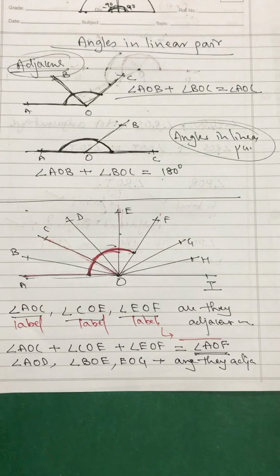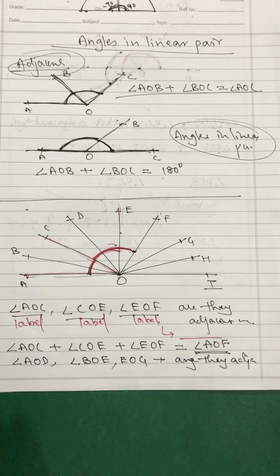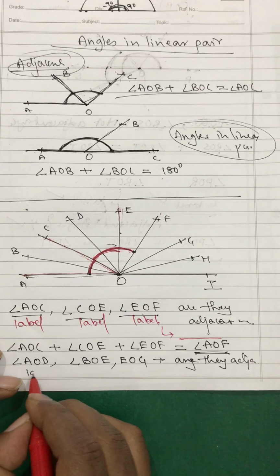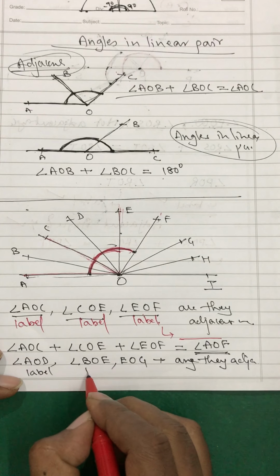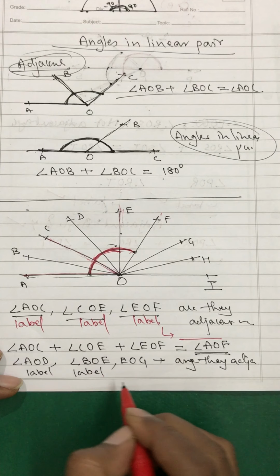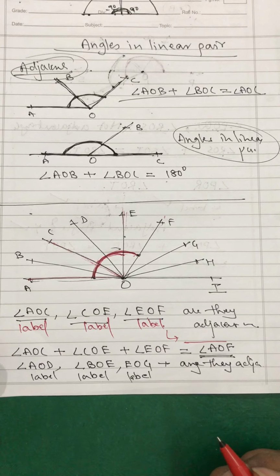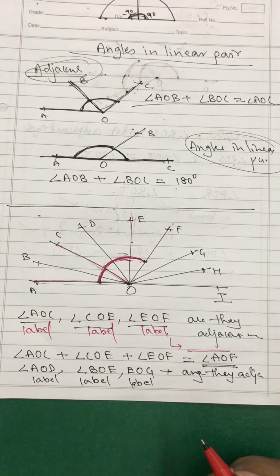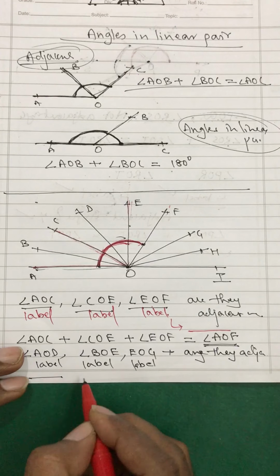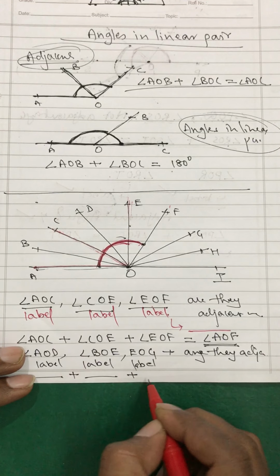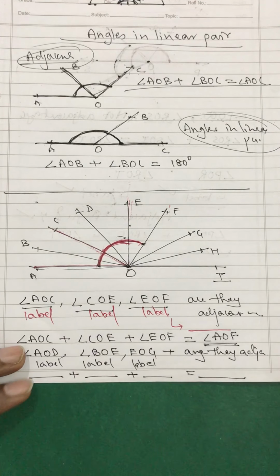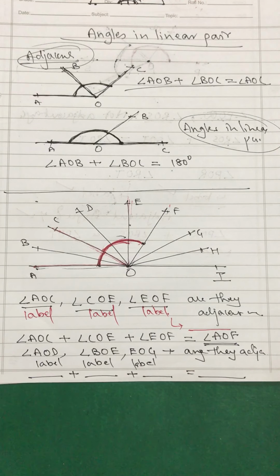First label this angle AOD, label angle BOE, label angle EOG. Okay, fine. And then dash angle plus dash angle plus dash angle is equal to dash. What are they going to be? Pause the video, label everything, write everything.